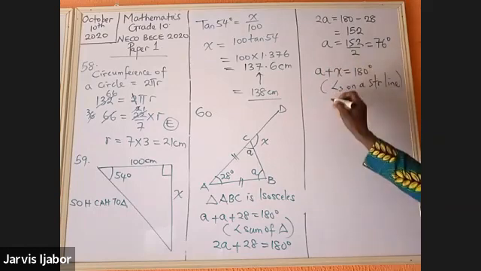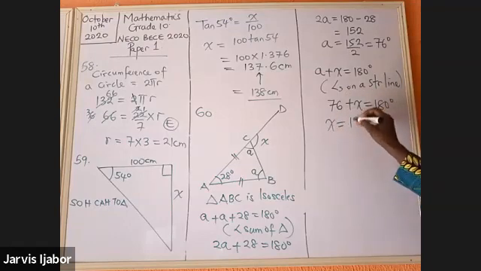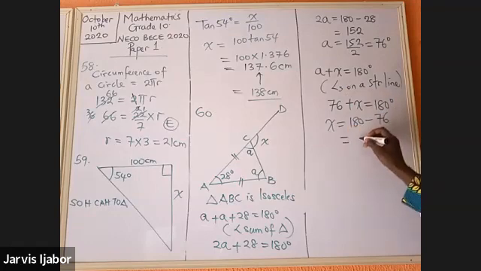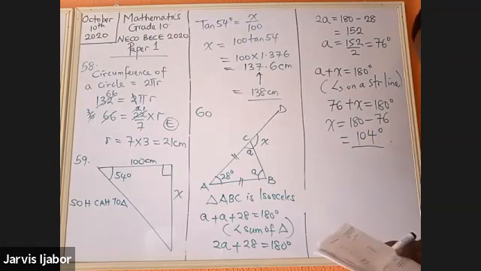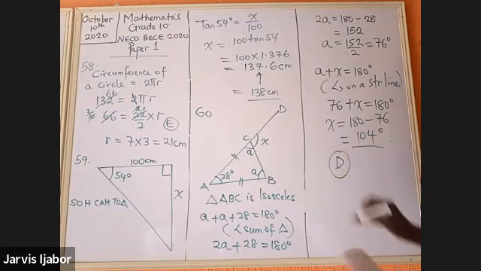I know A. So X will now be equal to 180 minus 76, and that will give you 104 degrees. So the answer will be 104 degrees. So that question would have been D as the option.